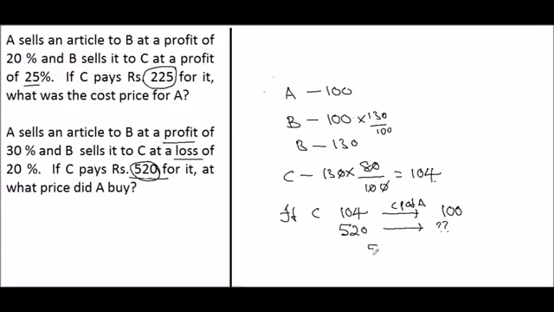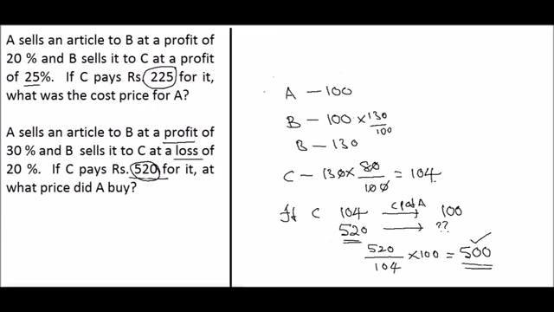Now simply this is 520 upon 104 into 100. 104 five times is 520, then my answer is going to be 500. Now A's cost price is 500, only then after getting a profit of 30%, he can sell that one to B, and after incurring a loss of 20%, B sold that one to C at a price of 520, when A's cost price was 500.